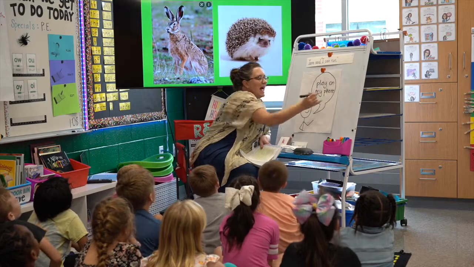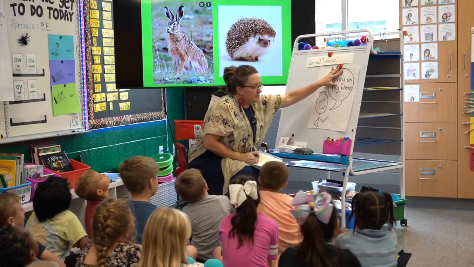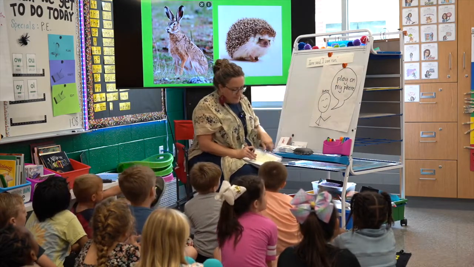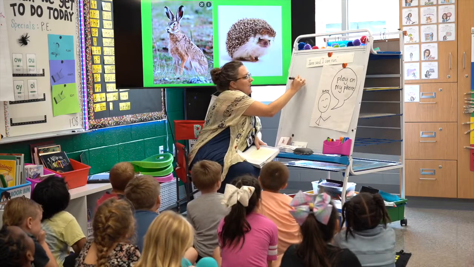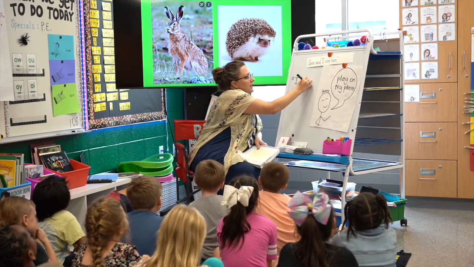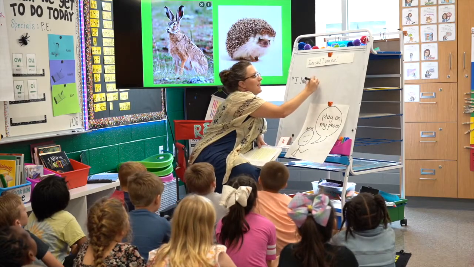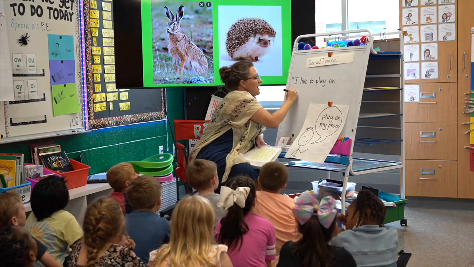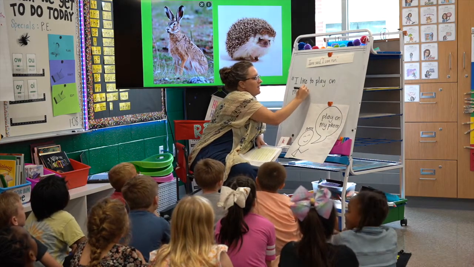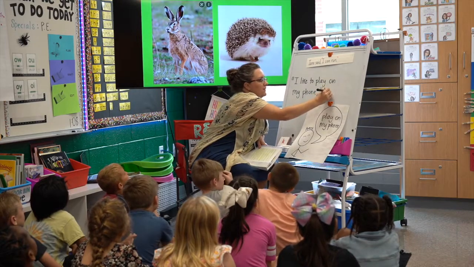Now, we're going to add a little bit just to make sure that we're writing a complete sentence. Okay. So we're going to say, "I like to play on my phone," Avery said.